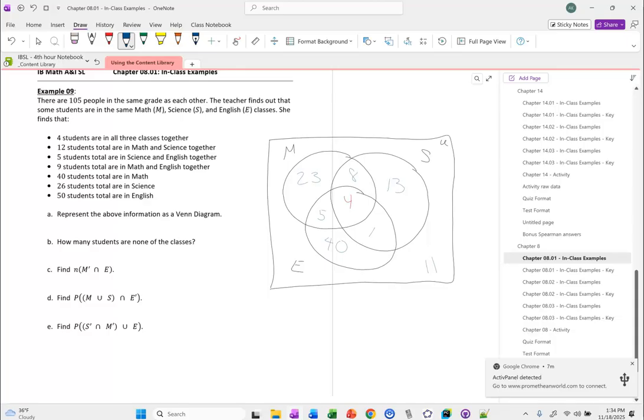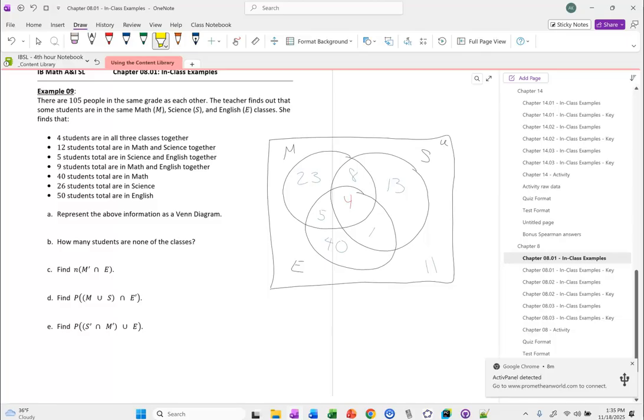So there's part A. What about part B? What's that? 11, right? We just did it. How many students are in nothing? Find n of m prime union, or I'm sorry, m complement intersect e. Okay, I think that seems right. 41.